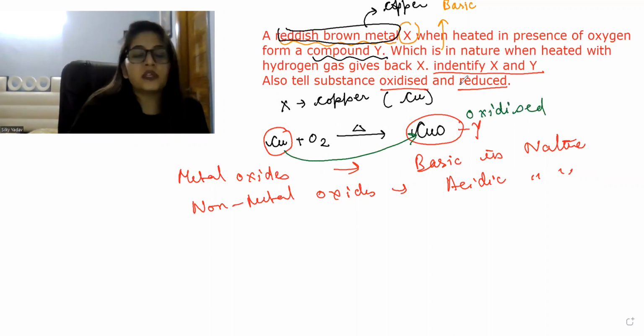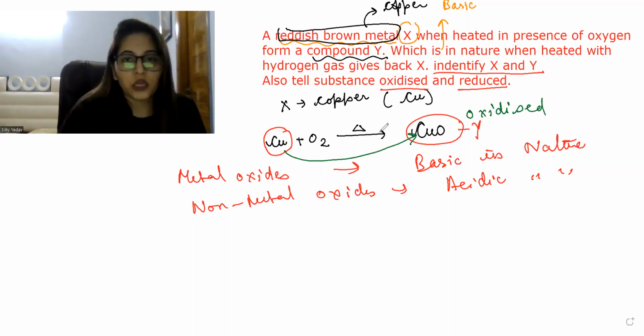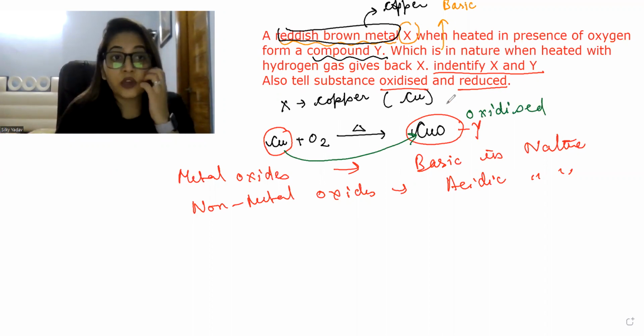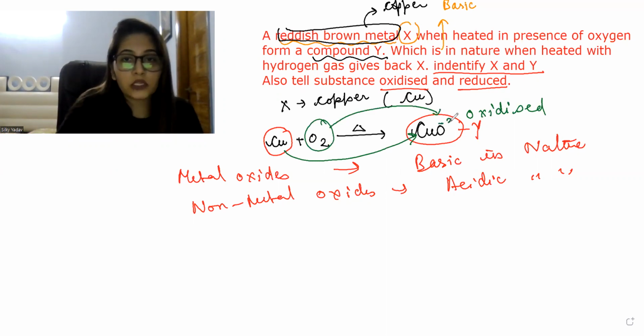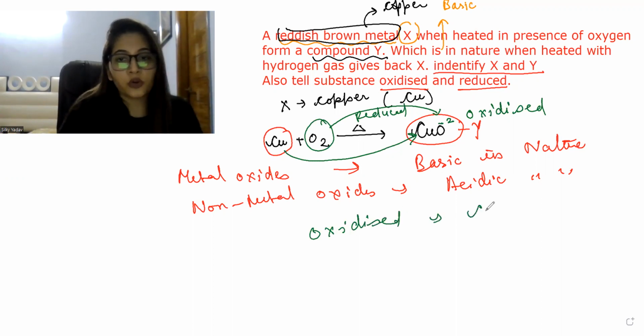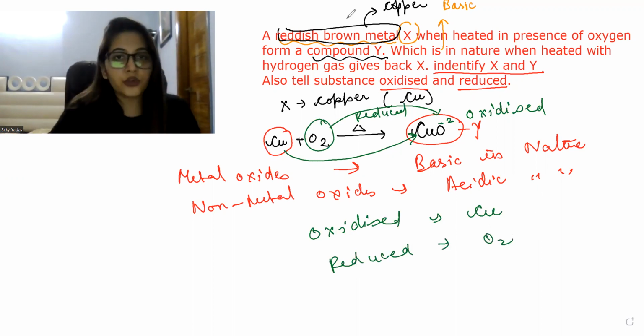Now the next is which is getting reduced. So oxygen from O2 is moving to this, -2. So it is getting reduced. So oxidized is copper, and the reduced thing is oxygen here. I hope that's clear to you all.